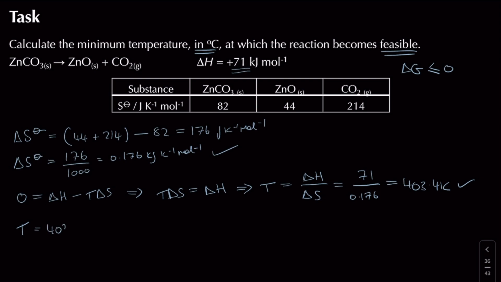So we know it's just going to be 403.4, subtract 273 to turn it into degrees Celsius, and that gives us a value of 130.4 degrees Celsius itself. I'm just going to go with 130 degrees Celsius just to give it to 3 significant figures, because that's normally what we go with in our OCR exam board.